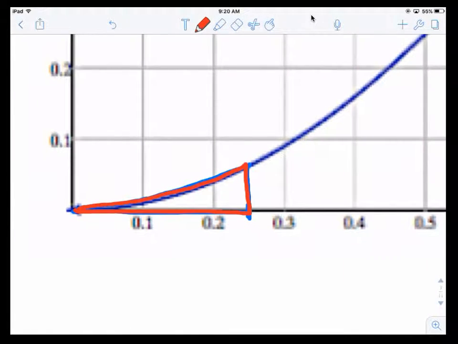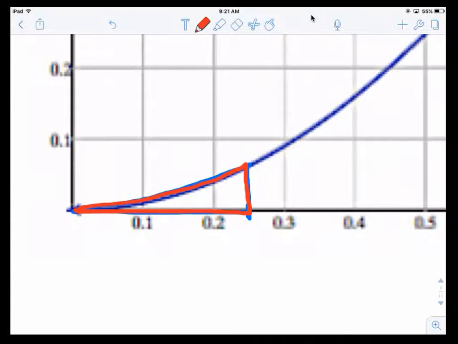Right, but I think because this point here is right at 0, 0, you're not going to get like a perfect trapezoid. It'll be, yeah, it'll be straight. So you should, mine's probably more curved. Yeah, so you should go from like right here and then draw a straight line to like right there.